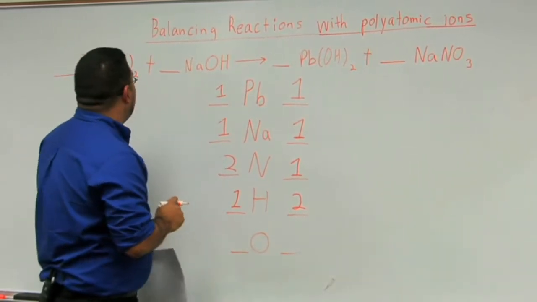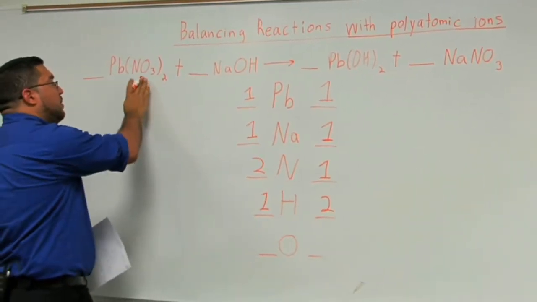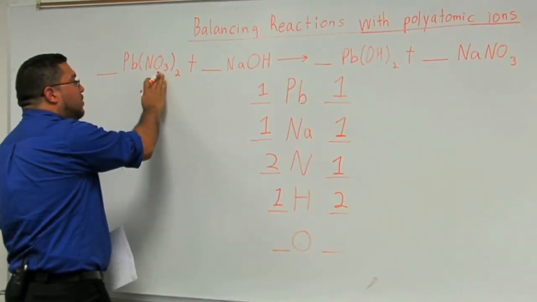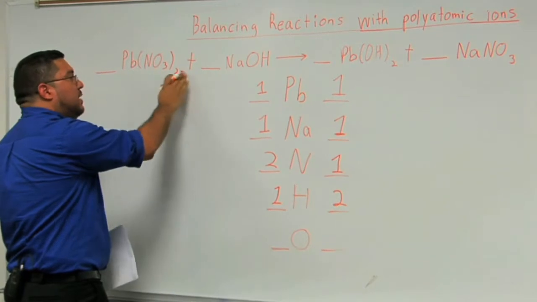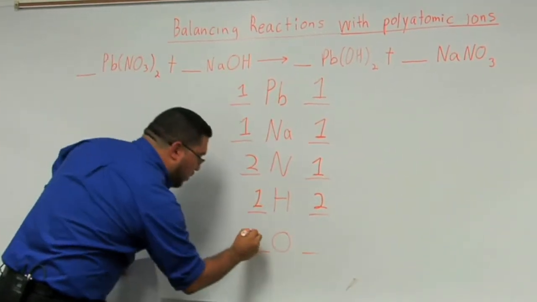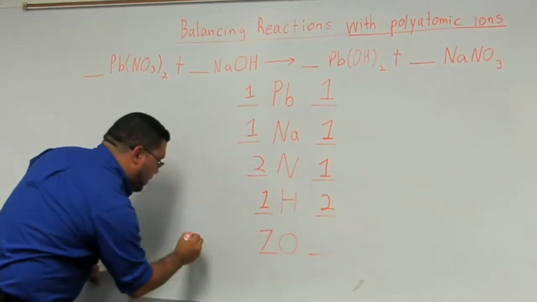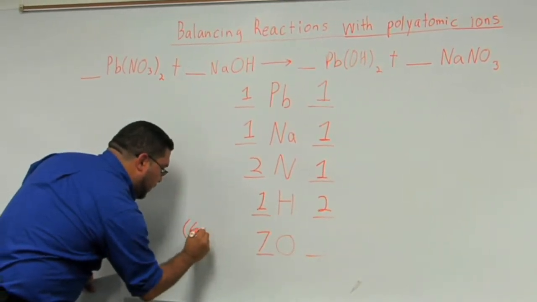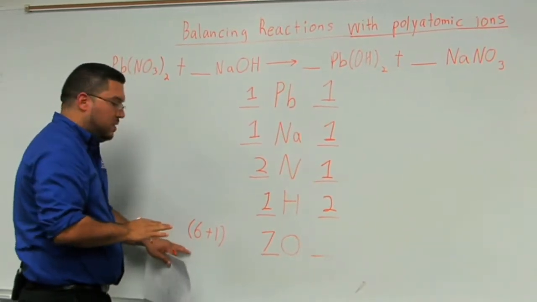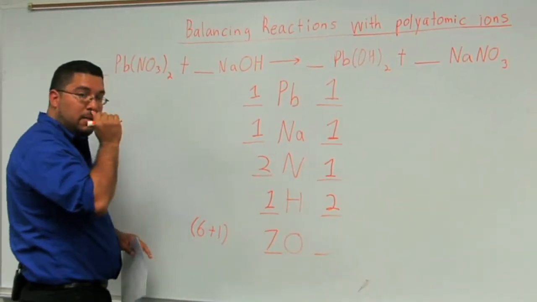Last but not least, the oxygen. Again, you have to be very careful. For example, here we have a 3 inside the parentheses. So it's actually 2 times 3 to give you 6, but you have to add the other 1 oxygen here. So this actually gives you a total of 7 oxygens, but in the format of 6 plus 1. You cannot forget to put these parentheses. If you don't put this, a lot of students will get the total mixed up later on.